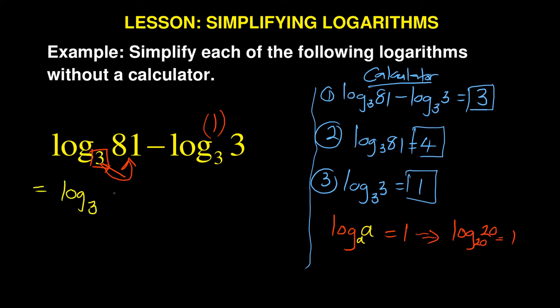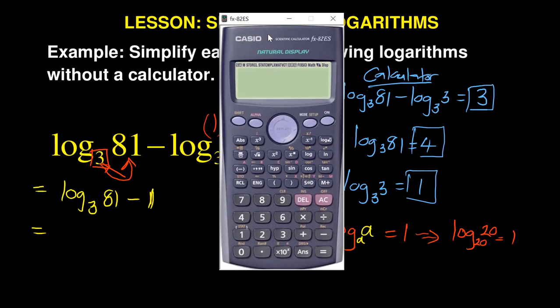So you can actually move on here and say to yourself, this is equal to log base 3 of 81 minus 1, because it's already known that log base 3 of 3 is 1. Then your aim is to deal now with this 81. So what you do, you take your calculator, because the 3 and the 81 always give you something that is linked. If you say 3 times 3, you say 9, times 3, you see 27, times 3, you see it's 81.